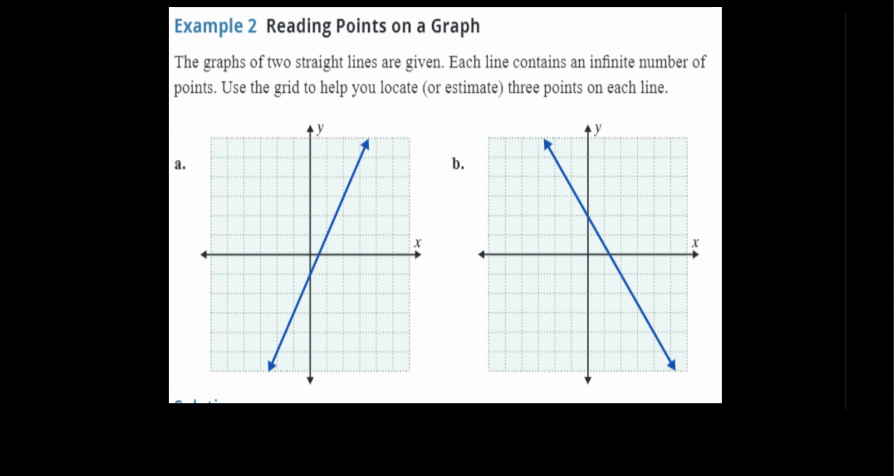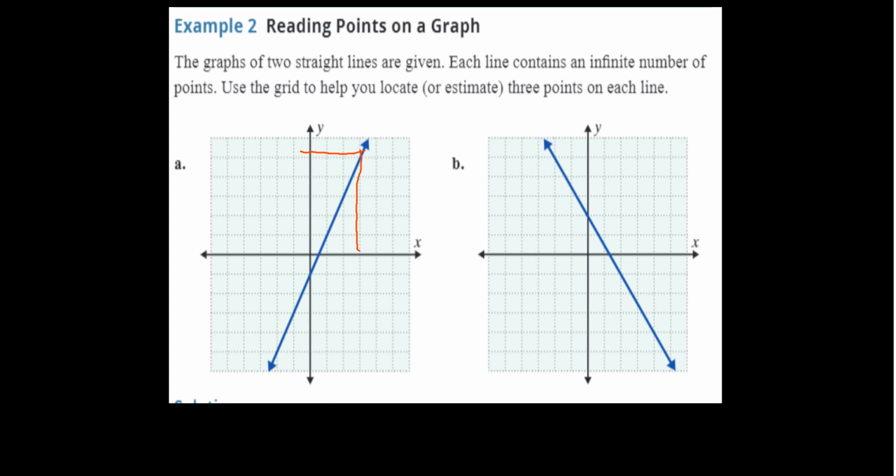However, we're going to make this a little bit easier on our eyeballs, and we're going to look for points like this point where it lines up nice and neatly with the square. So let's just start with that point.